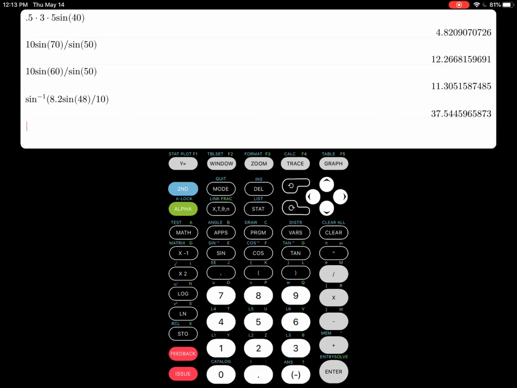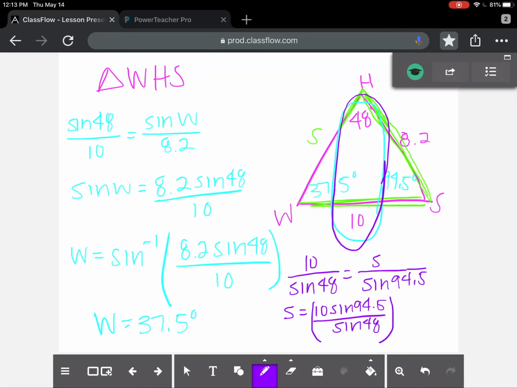So I'll multiply both sides by sine of 94.5, and that's what I'll plug in my calculator. And I get 13.4. So this is 13.4.